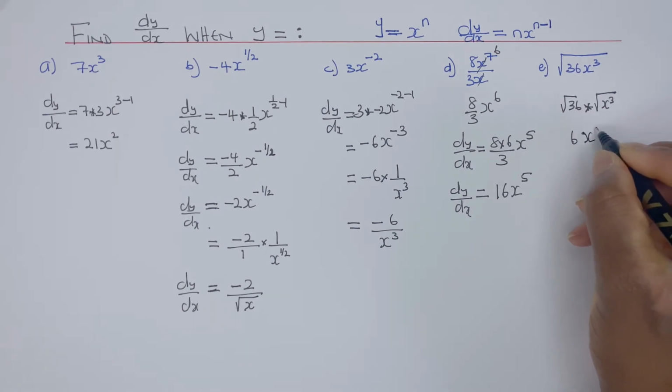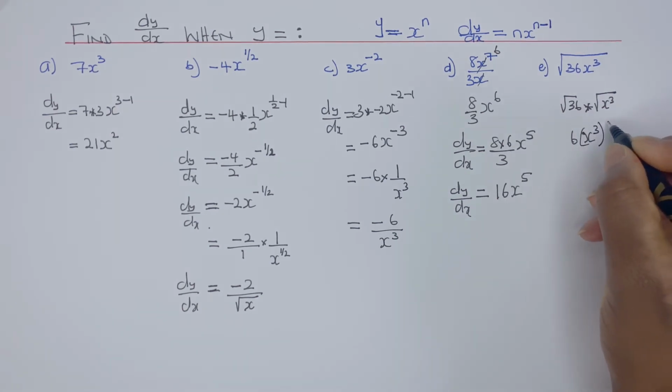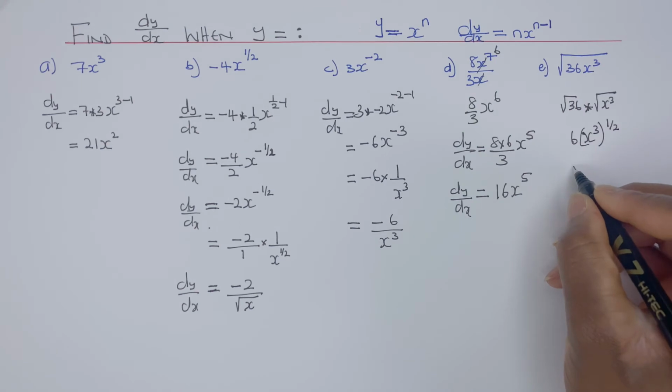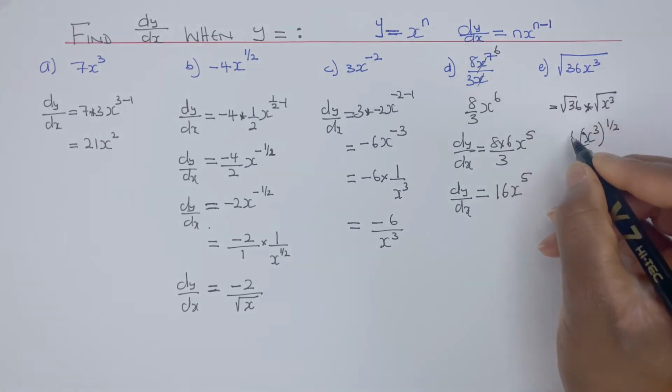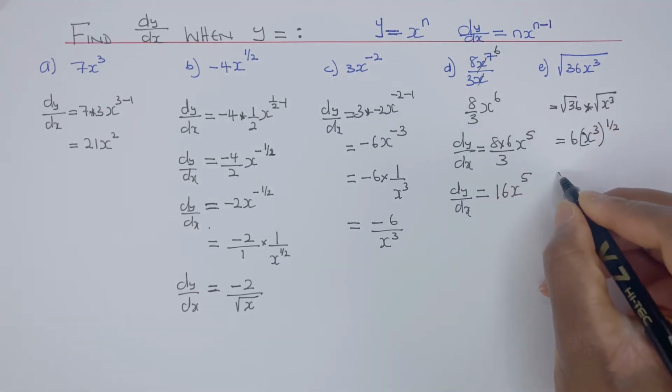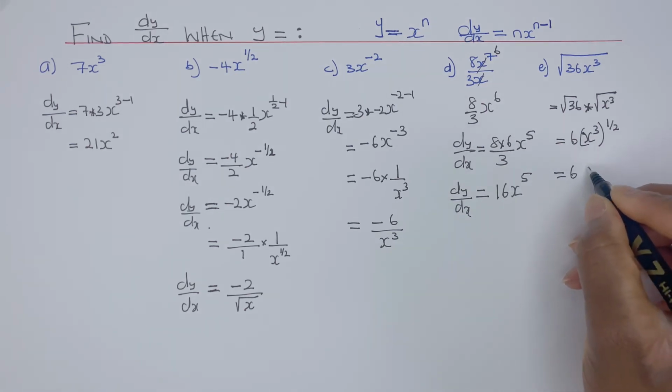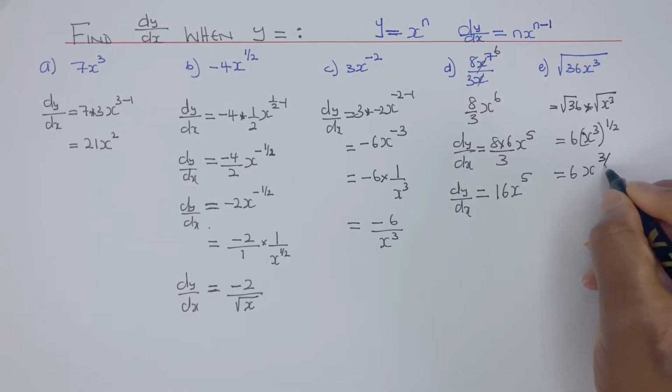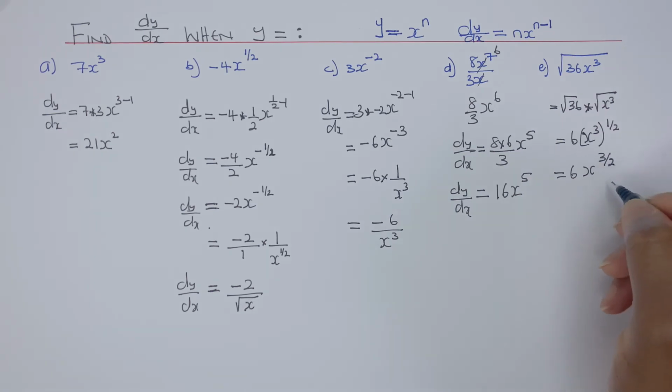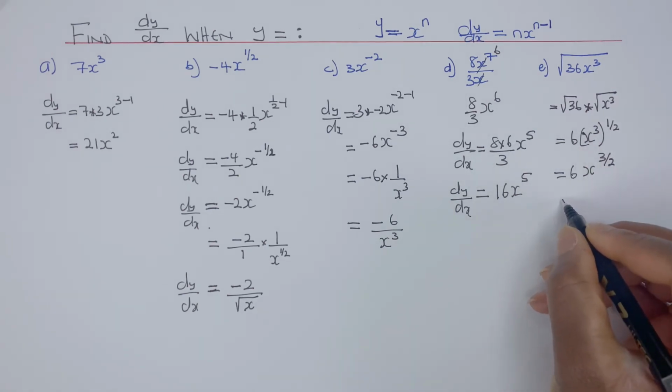So that will be x cubed to the power of a half. And then we can say, well, that's x to the power 3 over 2, because 3 times a half is 3 over 2. Now we can apply that.